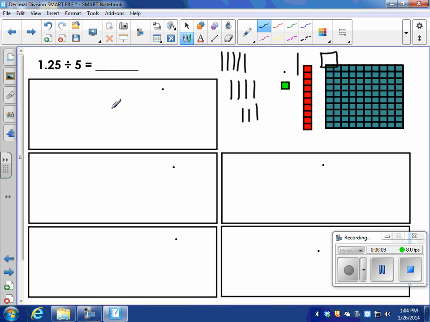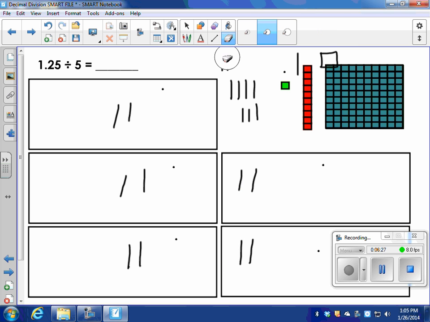So I'm going to take my 12 tenths and I'm going to divide them up. So here's 1, 2, 3, 4, 5, 6, 7, 8, 9, 10. So I'm going to go ahead and get rid of 10 of these. But I have 2 more tenths left over that I can't divide.